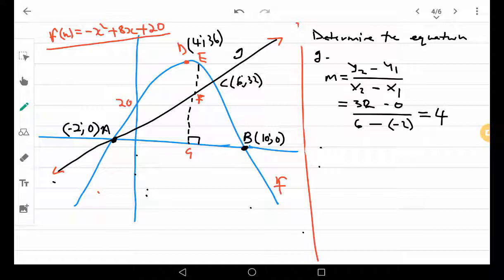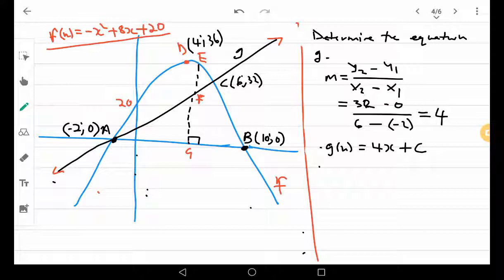We get 4. Therefore, g of x is equal to 4x plus c. You agree with me?